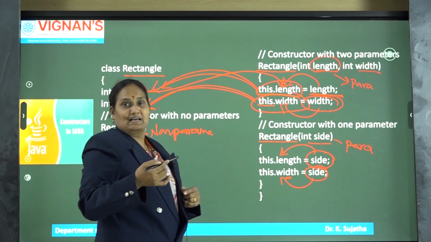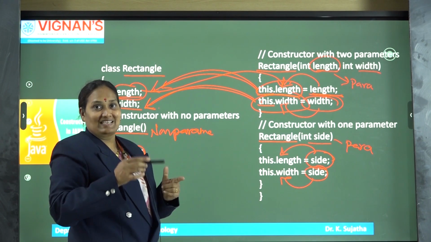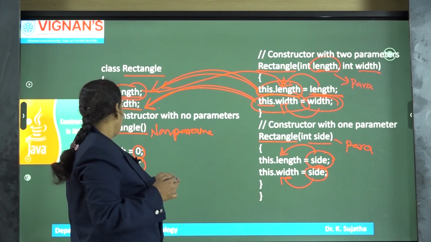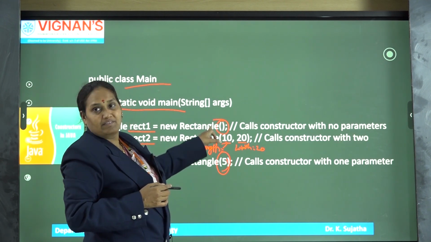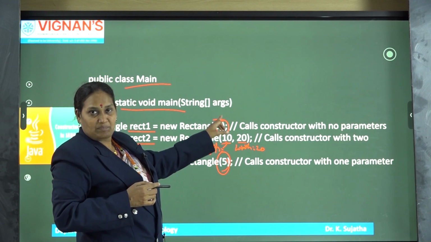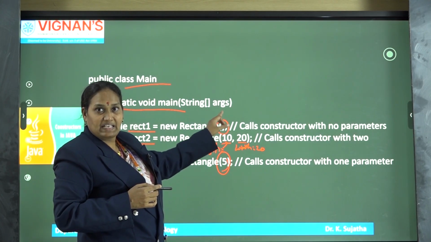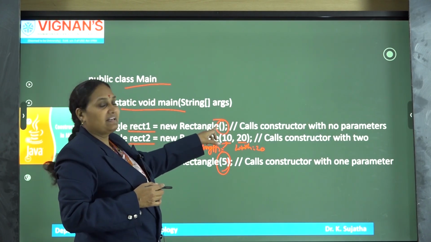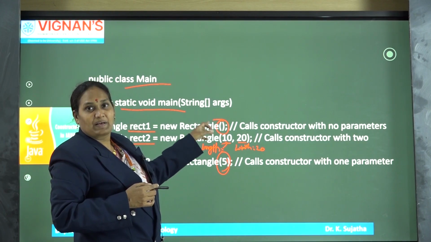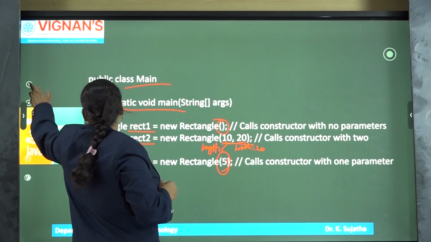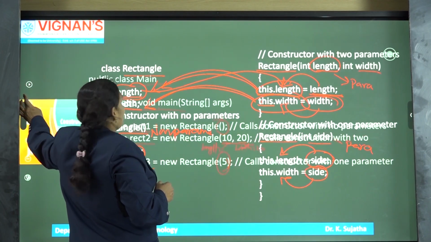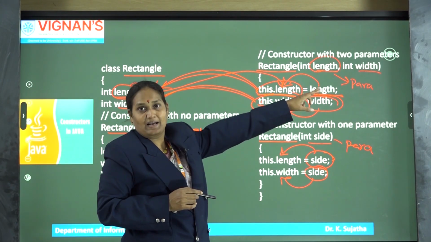How does the compiler differentiate among these three? When I am creating an object, if I have not given any value, it automatically invokes the non-parameterized constructor. If I have given two values, it invokes the constructor which contains two parameters.